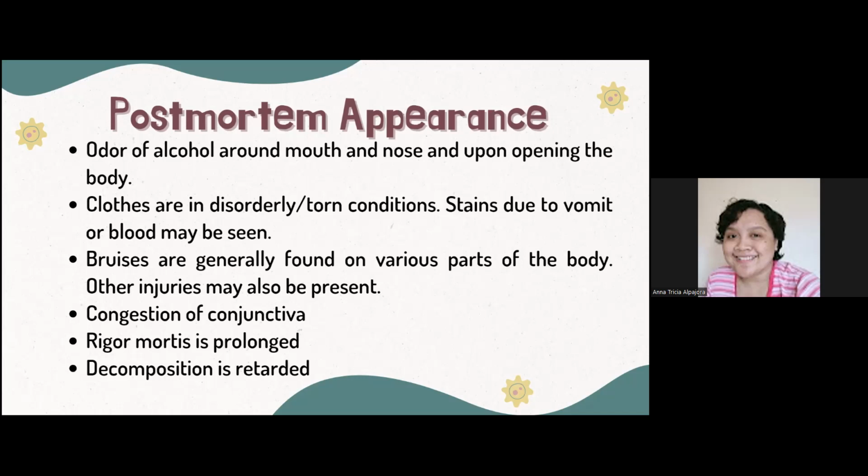So yun nga, may instances na pwede siyang matumba or mapabagok or yung katawan niya unconsciously hindi niya alam na napatama sa ibang bagay. And other post-mortem appearance is congestion of conjunctiva, and the rigor mortis is also prolonged, however, the decomposition is retarded.